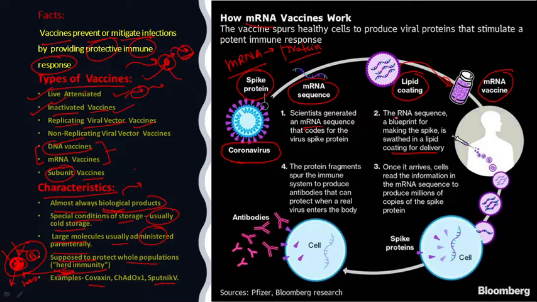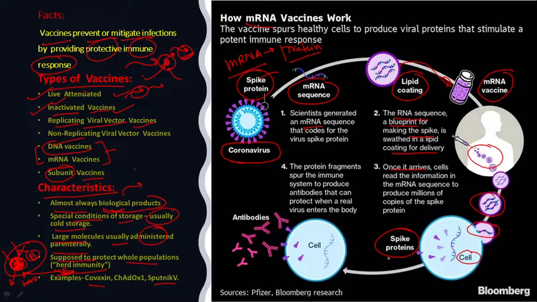Now, the RNA sequence taken from the spike protein is a blueprint for making the spike. It is injected into the individual, and once it arrives, the mRNA produces millions of copies of the spike protein inside the cell.